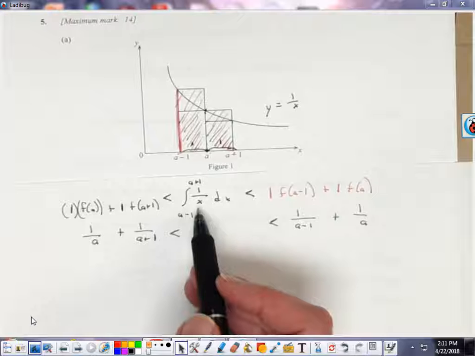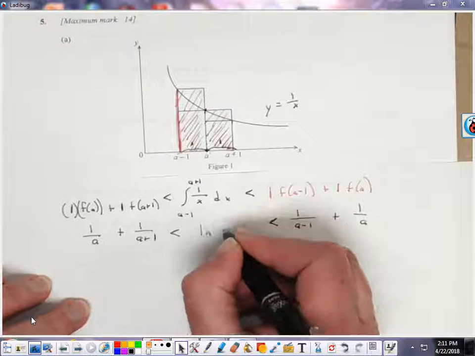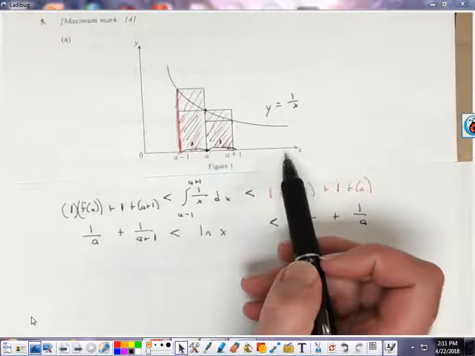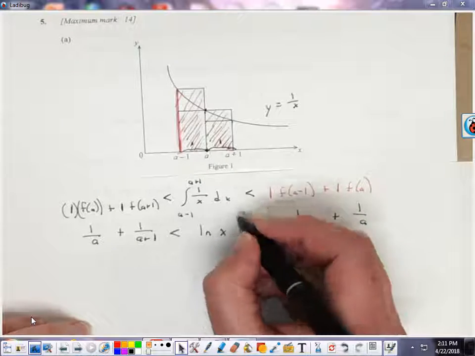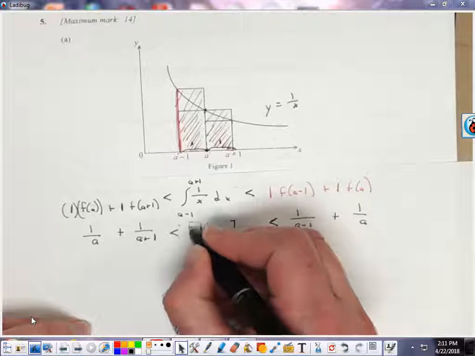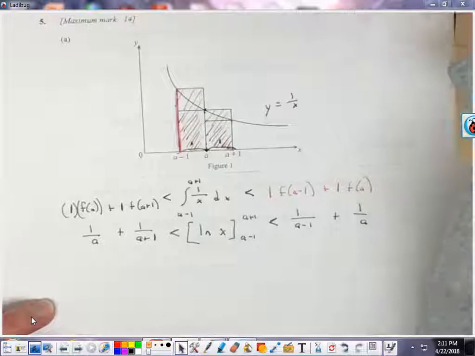The integral of 1 over x is really easy. It's just ln of x. It would be the ln of the absolute value of x. I do see, however, that I already have positive x values, so I don't have to write the absolute value if I know that my x's are positive in the region that I'm talking about. And I want to evaluate this from a minus 1 to a plus 1.